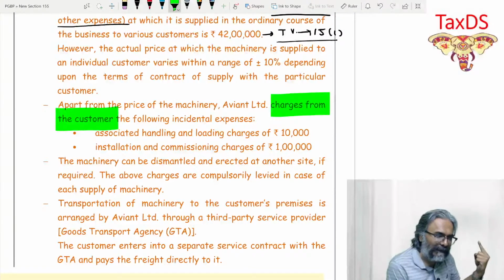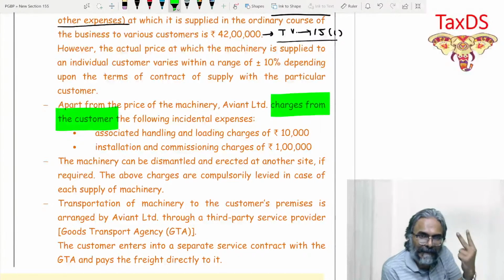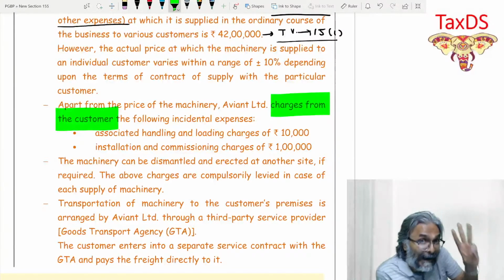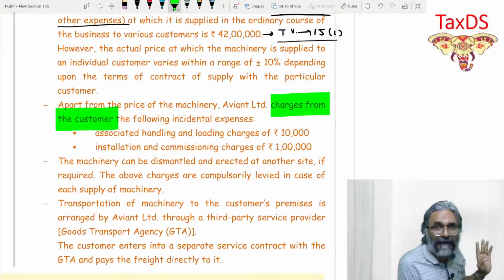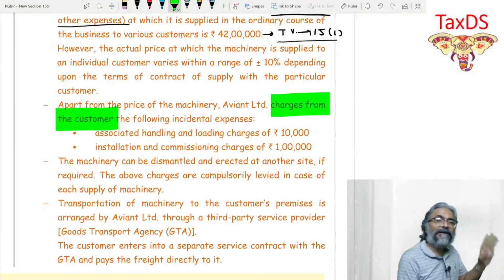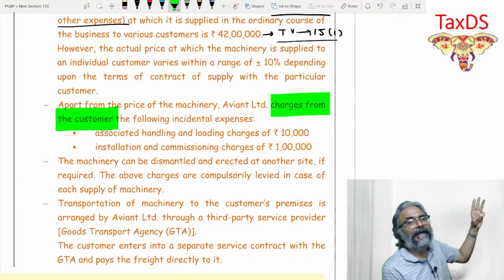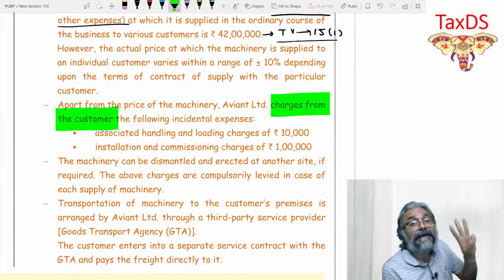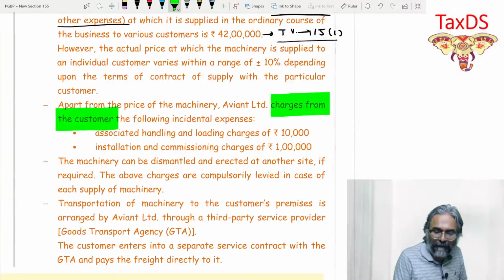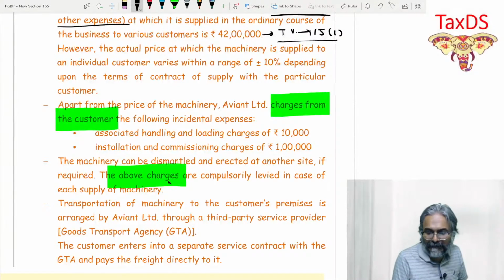That is a compulsory levy. Installation and commissioning charges of 1 lakh is a compulsory levy. And if dismantling is required, then the dismantling charges would also be compulsorily levied. So these three are compulsory levy of the charges. So how many are there? These are three charges.